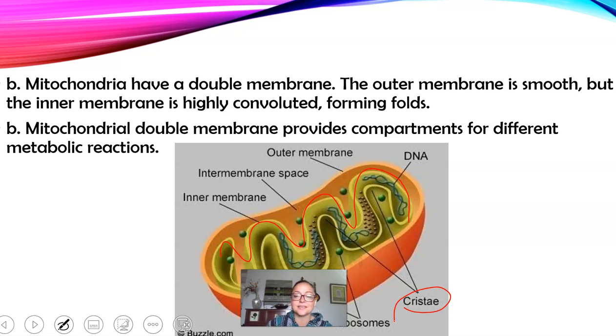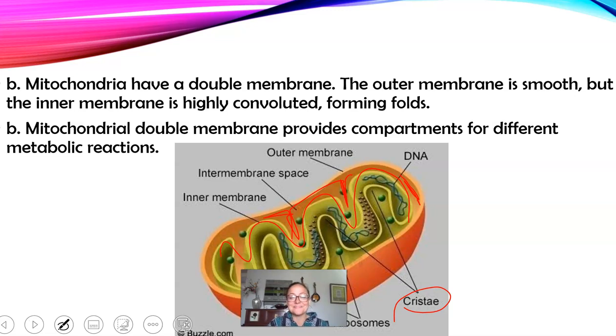And when we look at the mitochondria, in this space here, the intermembrane space, that's where the proton gradient accumulates. Now, it should also be mentioned that mitochondria have their own ribosomes, they have their own plasmids, and they make their own proteins. And so mitochondria evolved from prokaryotes millions of years ago.